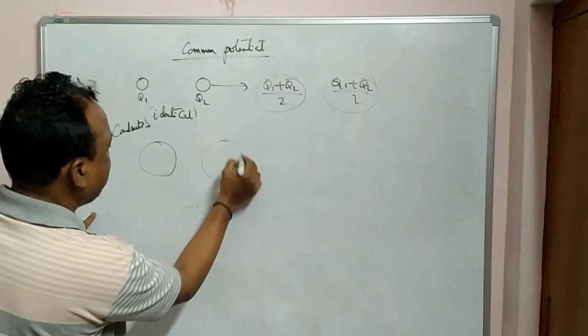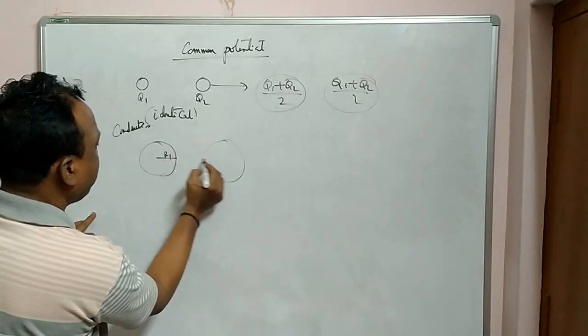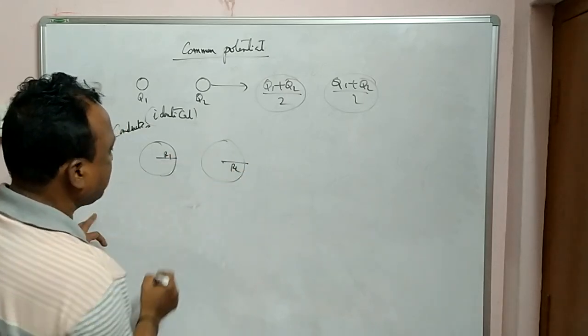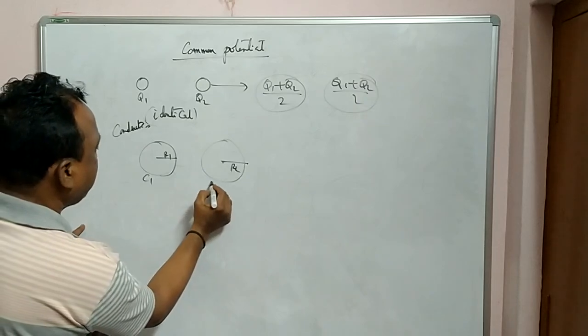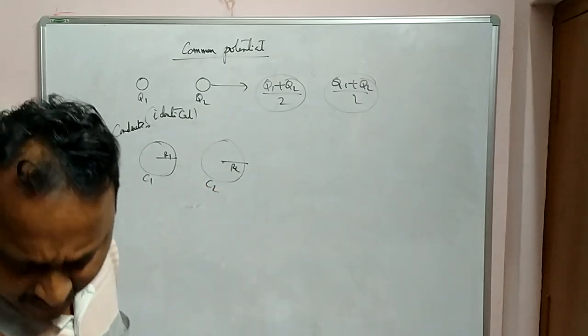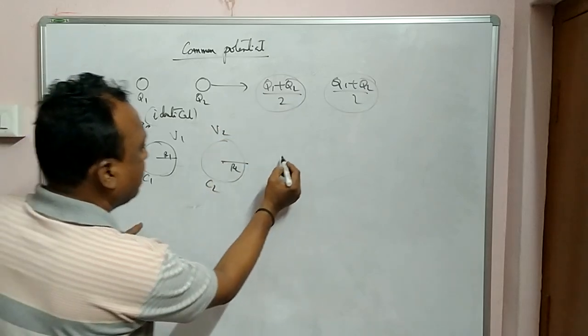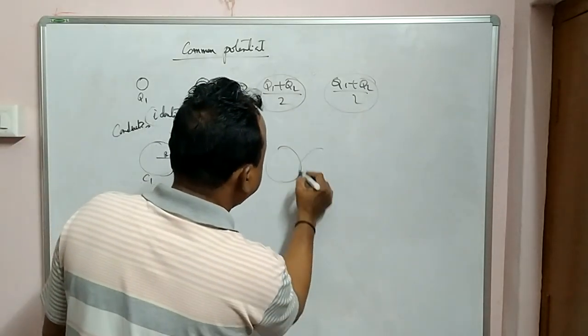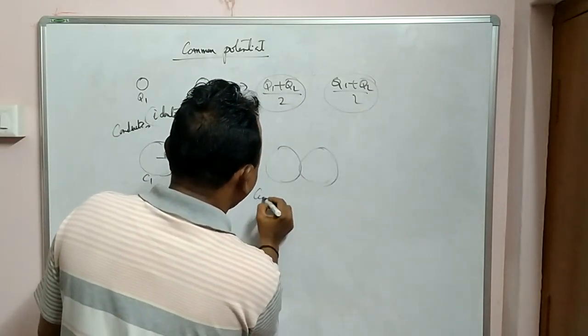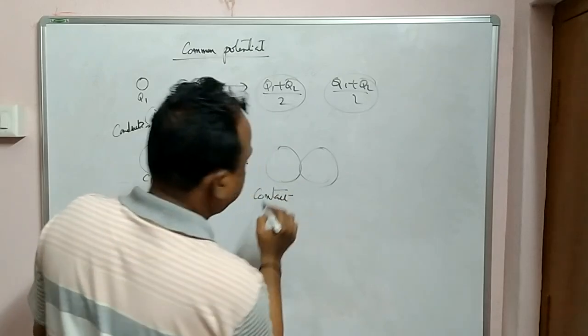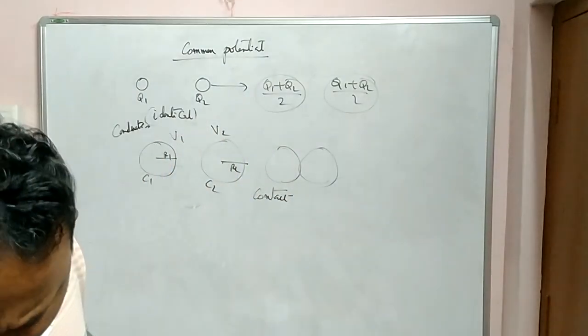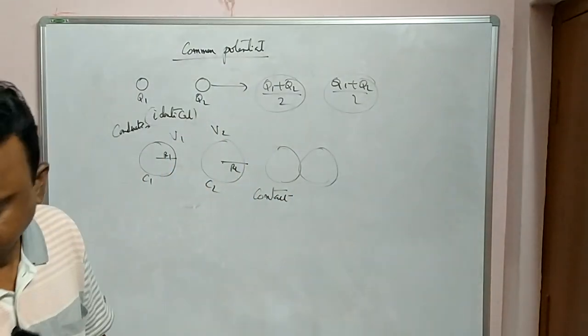Now second case, suppose the conductors are not identical, సేమ్ కాదంటే ఇది R1, ఇది R2 రేడియస్, C1 C2 capacitance, V1, V2. Now they are coming in contact. What will be the common potential? Conservation of charge.